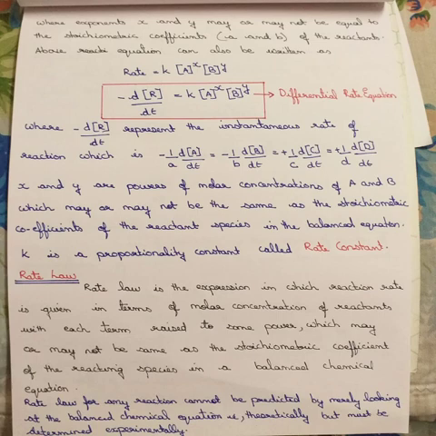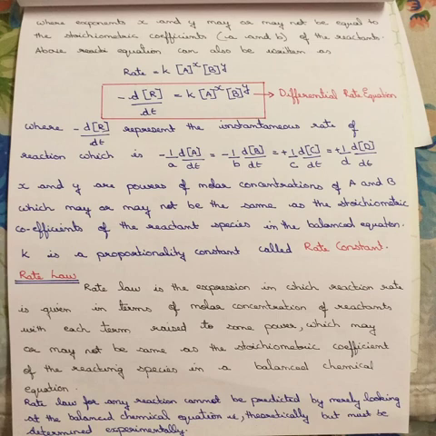Instead of rate we can write the differential, instantaneous rate. We were discussing that in the last section. So, instead of rate we can write it as minus d[R] by dt. The equation changes to minus d[R] by dt is equal to k into [A] raised to x into [B] raised to y.